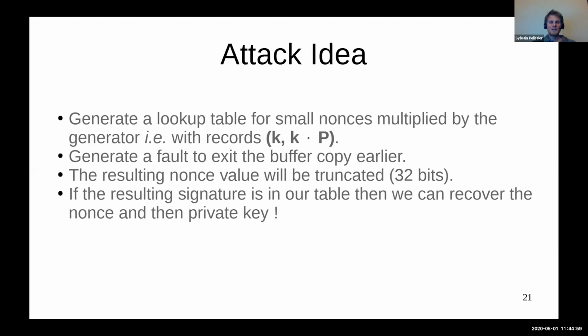If we are lucky, we'll have a nonce which is truncated with a reduced entropy, and if we are lucky enough, it will be less than 32 bits. Then we can make a lookup in our table. If we find that the first part of the signature is in our database, we've won, because we directly have the nonce, which is the first record in our database, and then we can recover the private key.